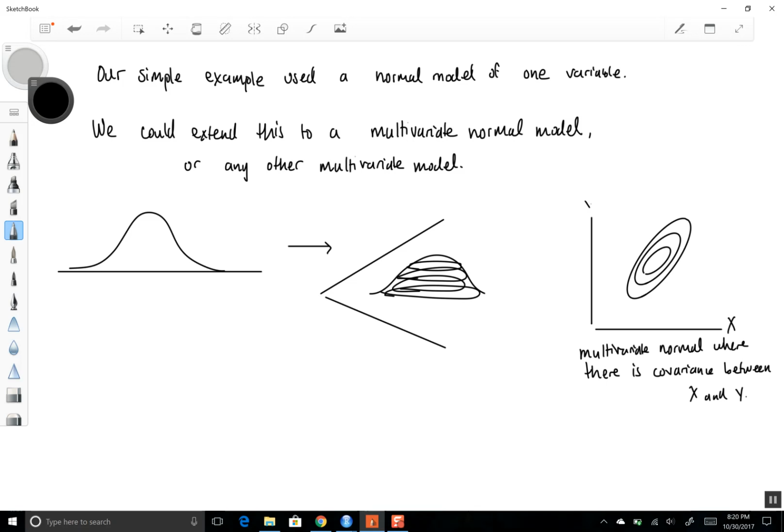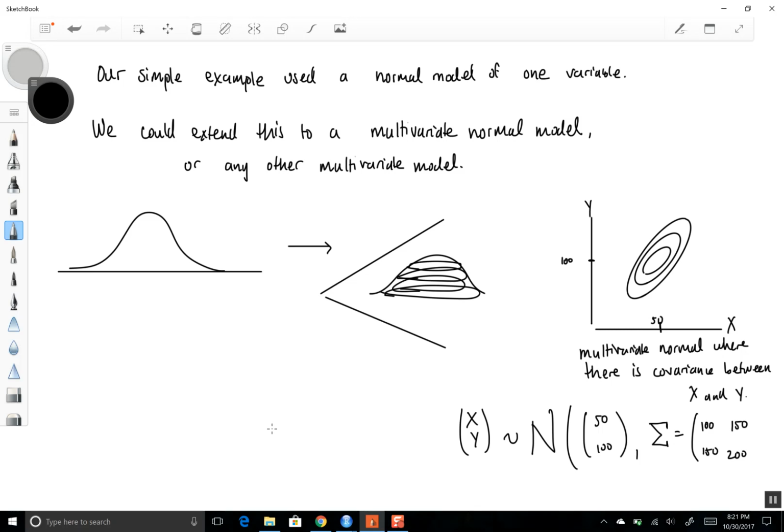So if this is x and this is y, and this is, I don't know, 50 and this is 100, we might say xy comes from a multivariate normal where the mean is 50, 100, and the covariance matrix is, I'm making stuff up here, 100 and 200, and then there's covariance, like 150 and 150.